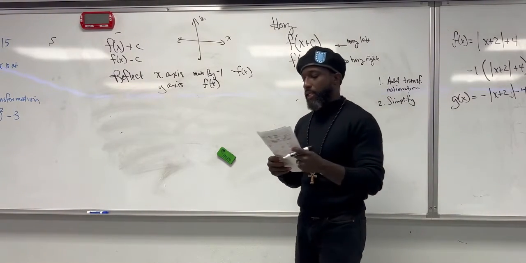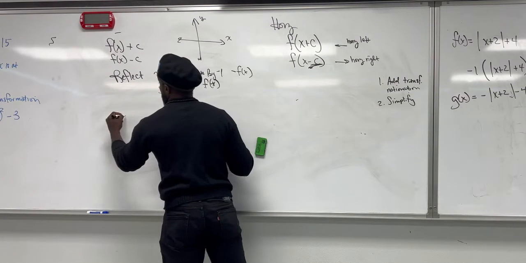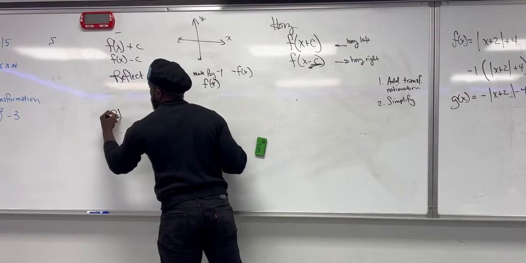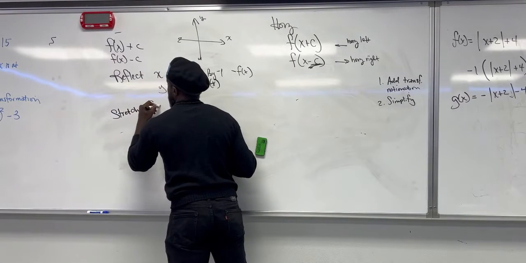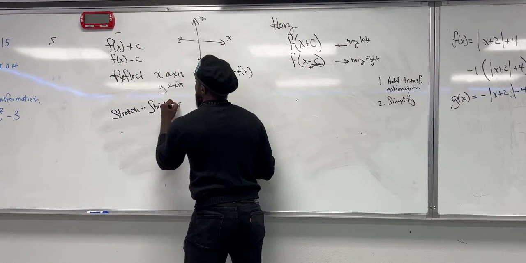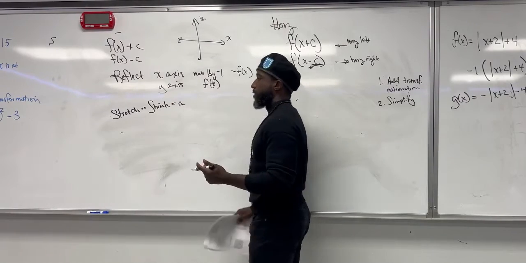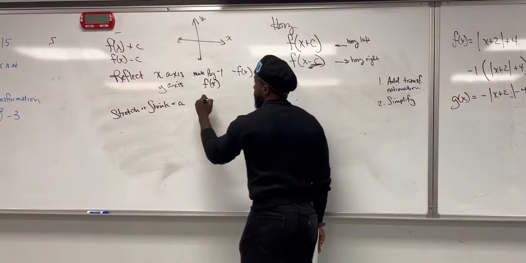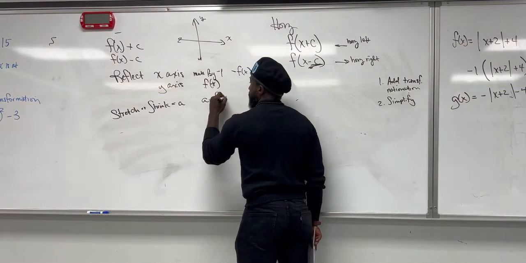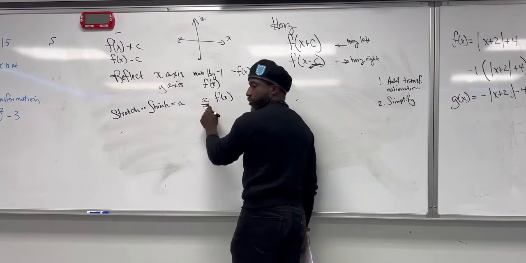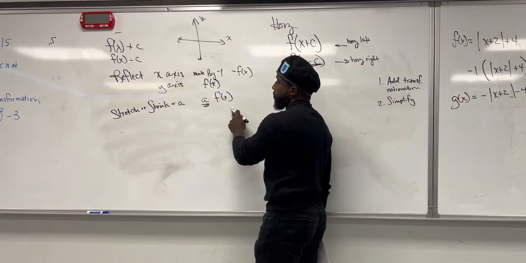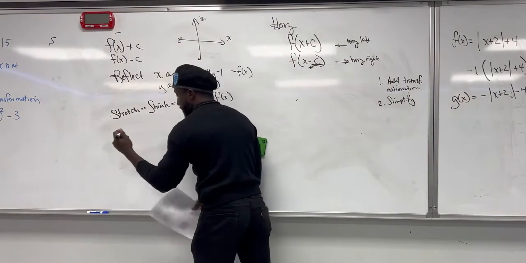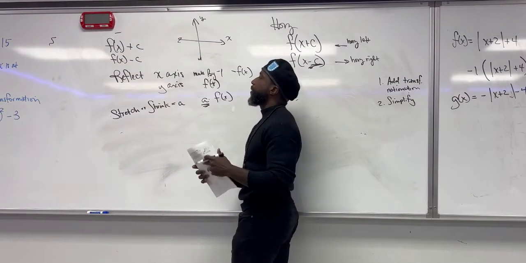Okay. So basically, what happens is the stretch or the shrink is A, right? And so in relation to f of x, it would be a times f of x. So whatever this stretch or shrink factor is, times f of x. Okay? So let's come up with an example first.